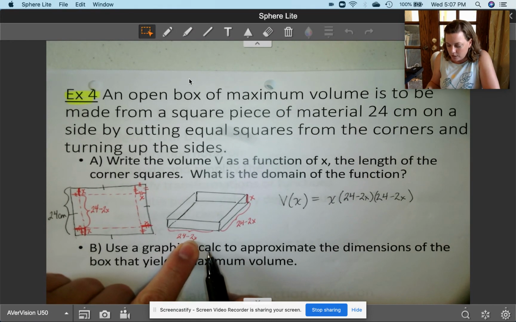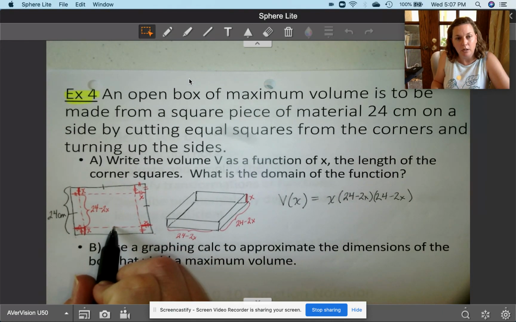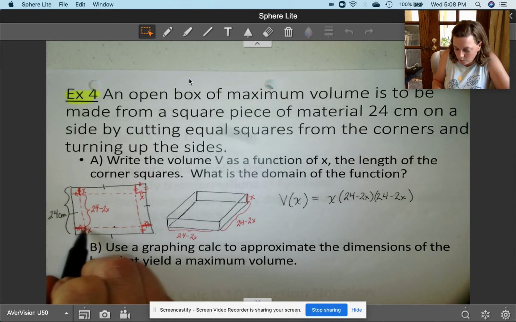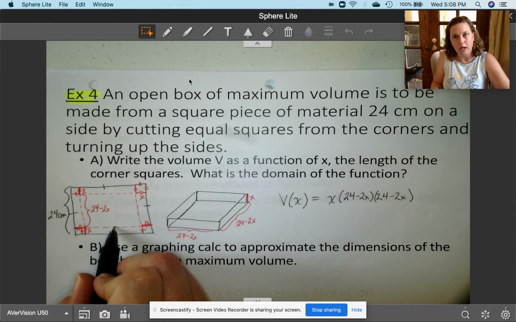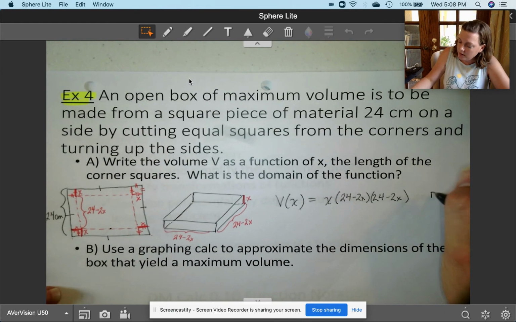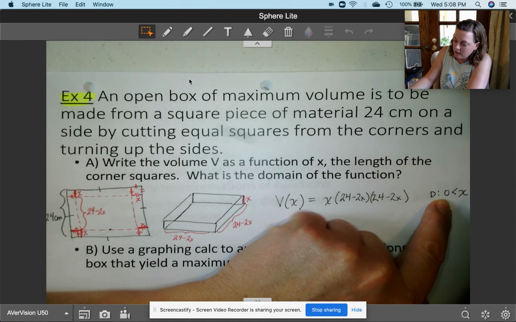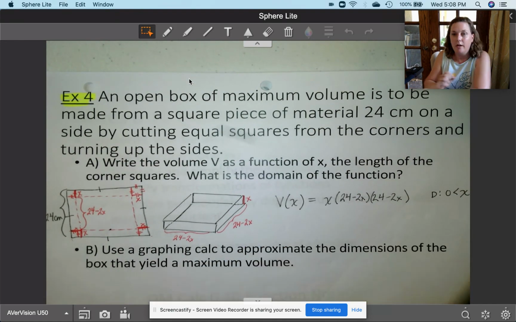If x was 12, I'd be removing 12 centimeters of material on one side and 12 centimeters of material on the other. That wouldn't leave us with any box again. We just lost our material to fold up, so that doesn't make sense. So it looks like the domain of this function, x needs to be greater than 0 and less than 12.